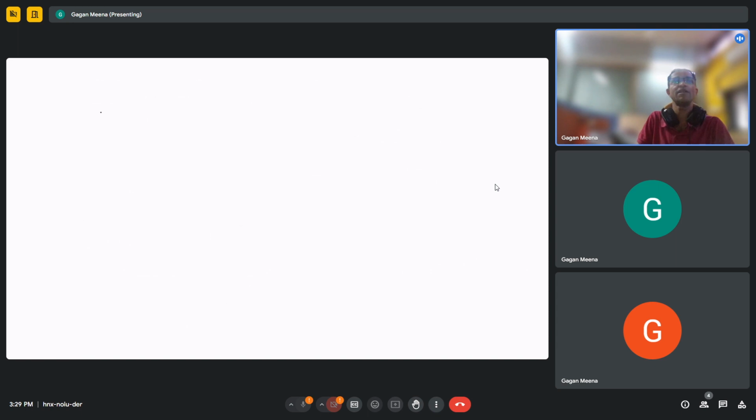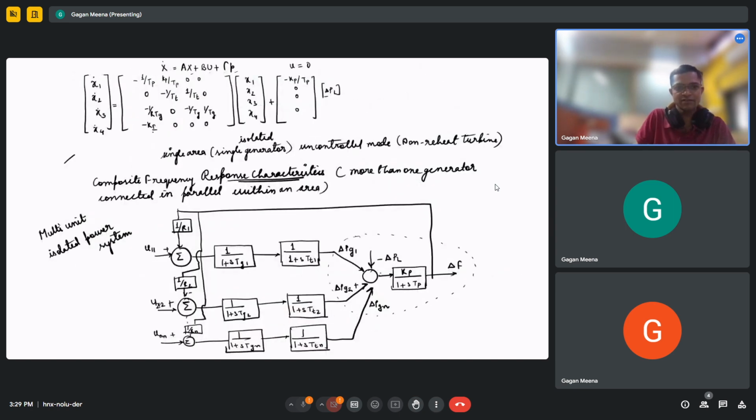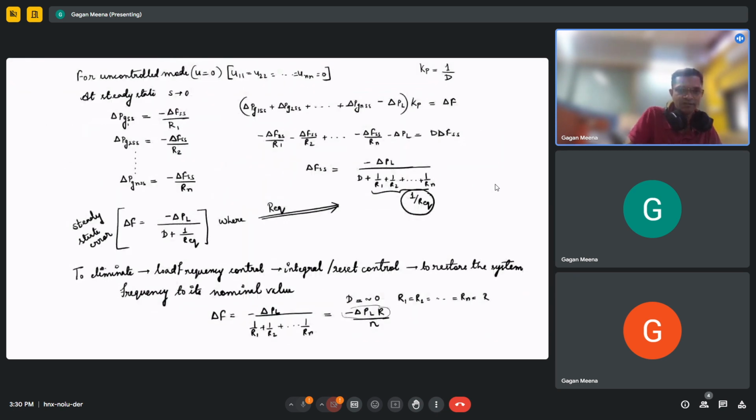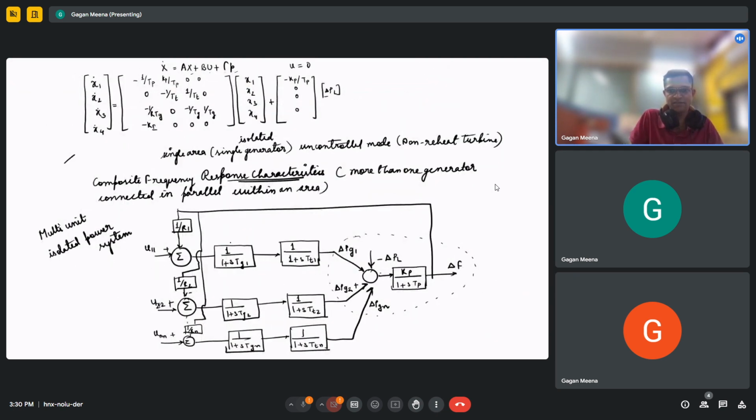Also, one important thing to note: here we are saying that integral control is used. So this is delta F, and this is X4, which is U here. If we have more than one generator, delta F is one, but we have these different U11, U22 up to UNN.